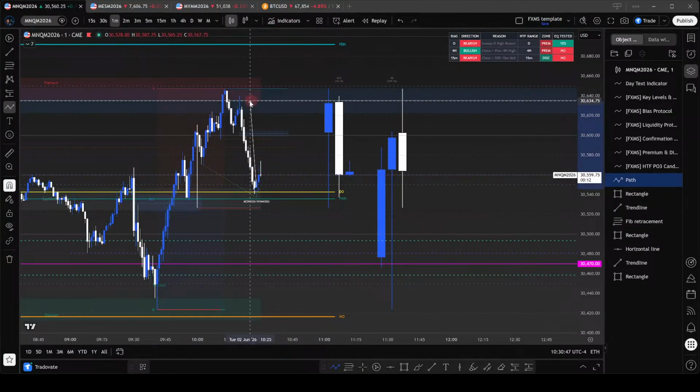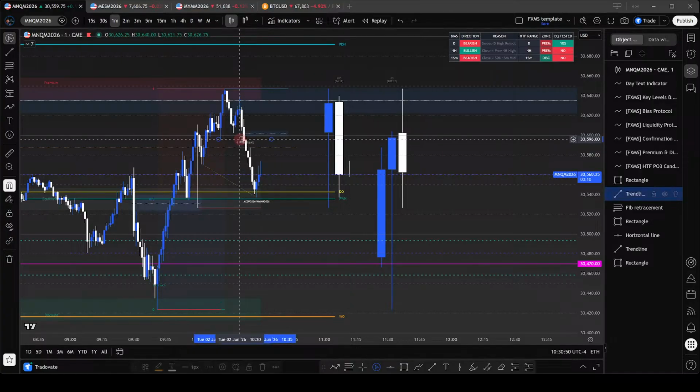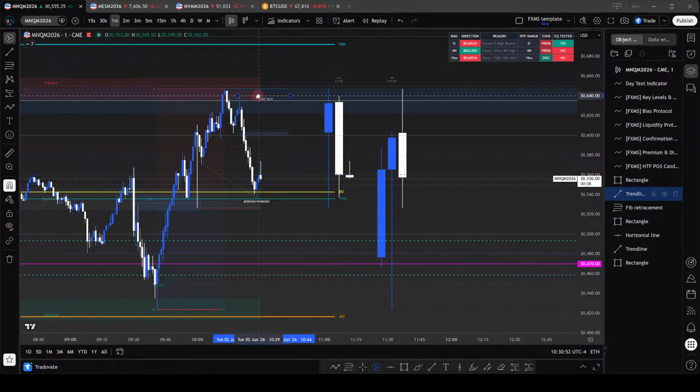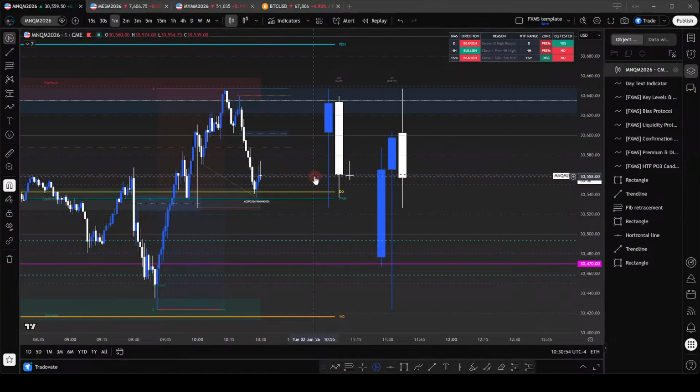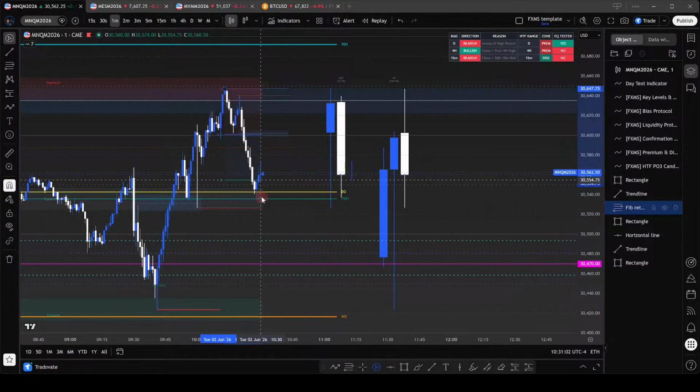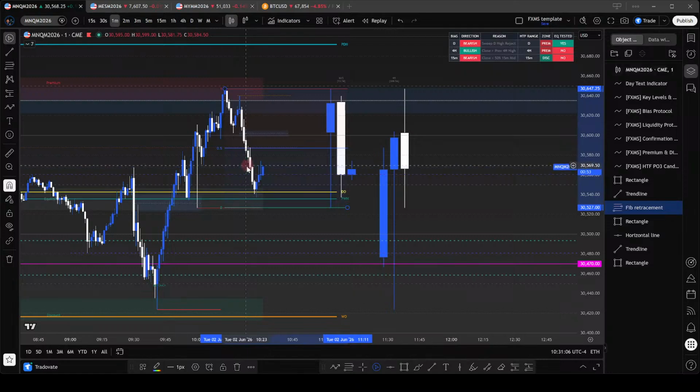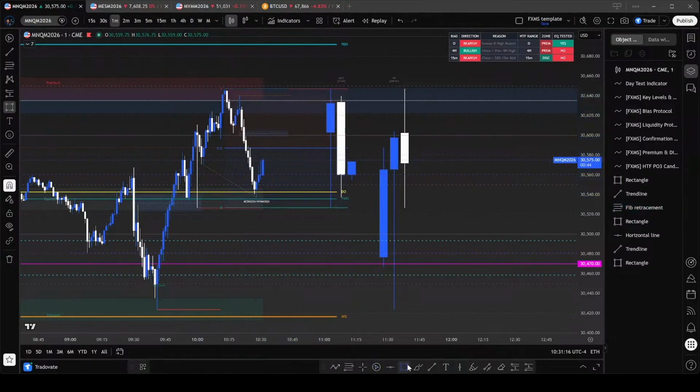So right now that would be this high up here, and that's pretty ambitious. So I want to see an internal high created inside of this range right here, right? And right now, because this is our sweep, I'll use the wick low. We want to see an internal sweep of a high in here, and we want to see it respecting this change of character or this order block here.